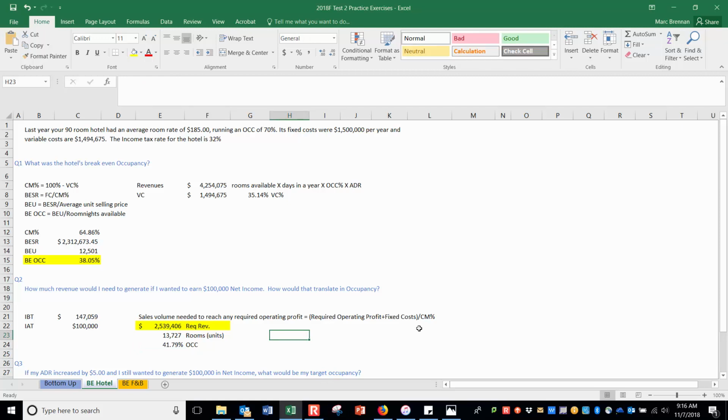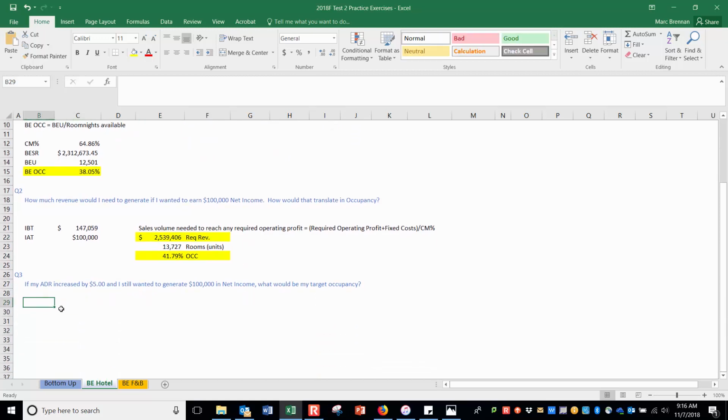Okay? So I need to achieve 41.79% occupancy percentage at the $185 average daily rate. If I do that and I sell this many rooms, I should achieve my required revenue of this much, which will then give me $100,000 in net income. Okay?